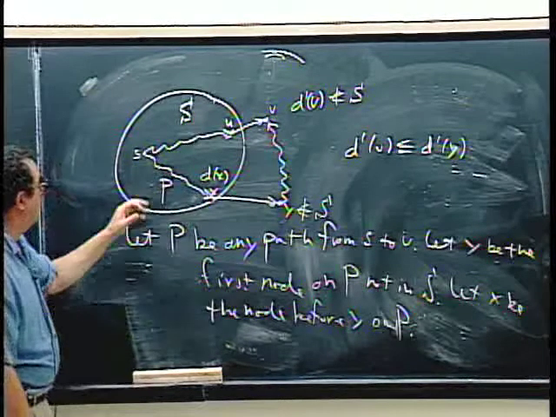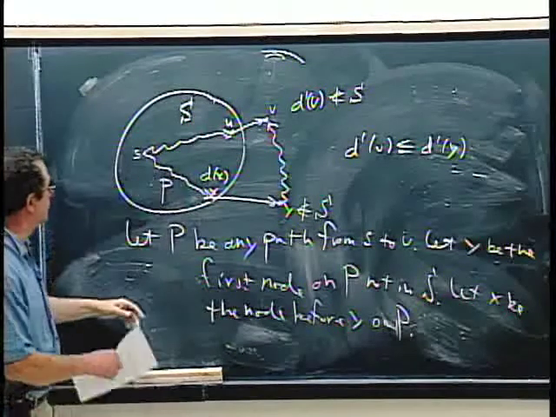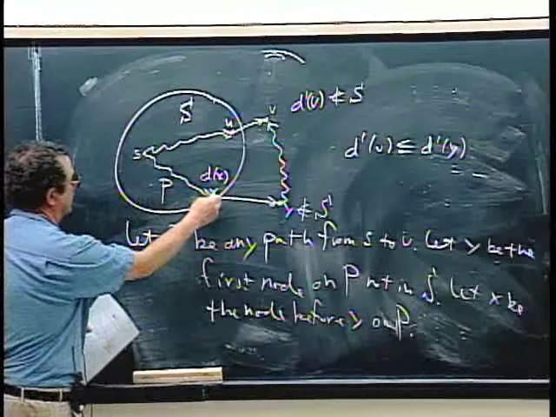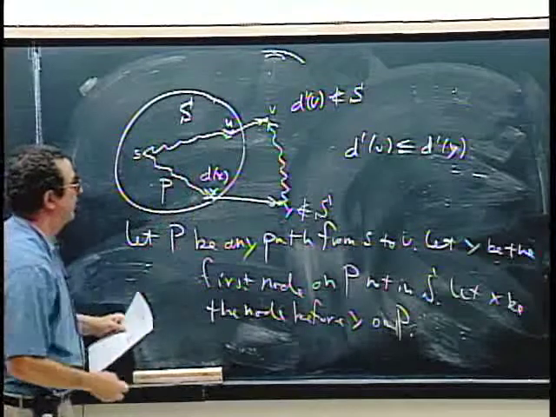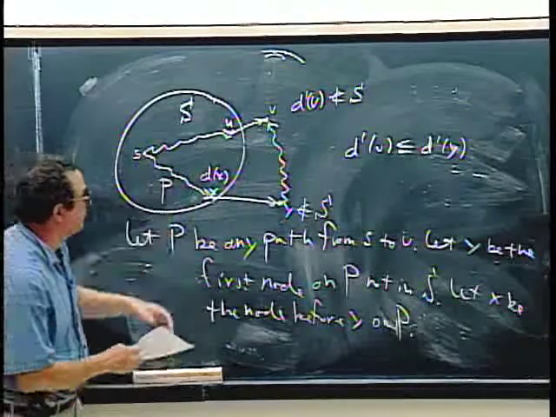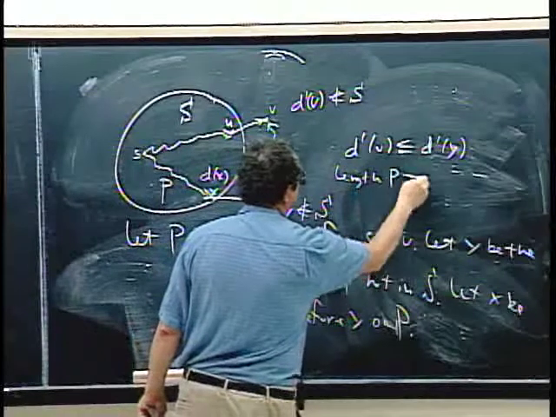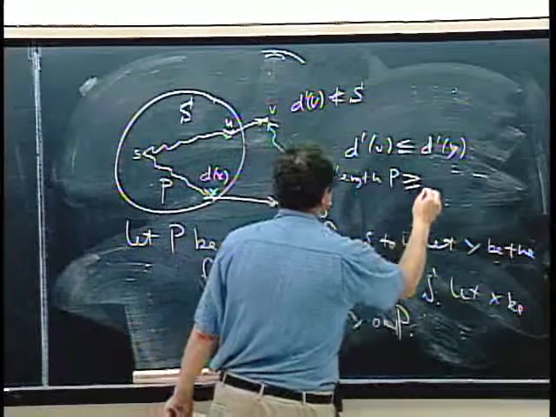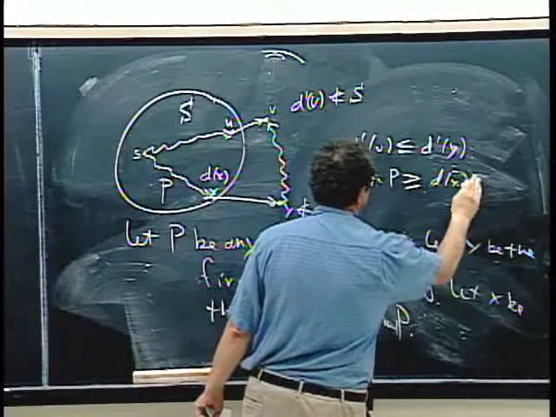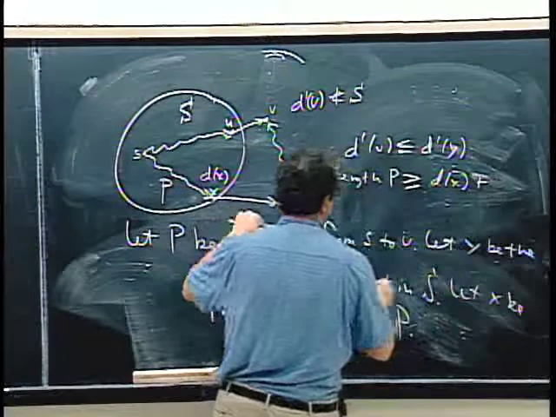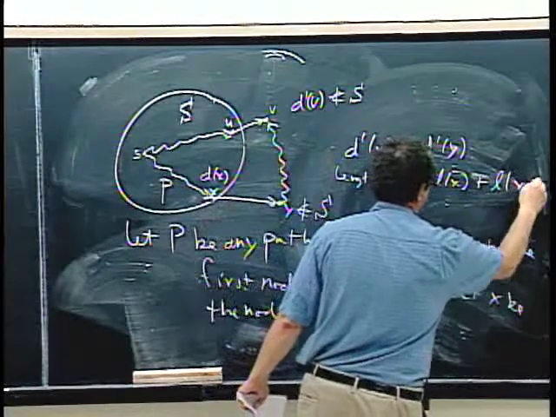Okay? And I could consider what is actually the shortest path from S to X as another alternative way of getting there. But the point is that, therefore, the length of P is greater than or equal to dx plus Lxy.